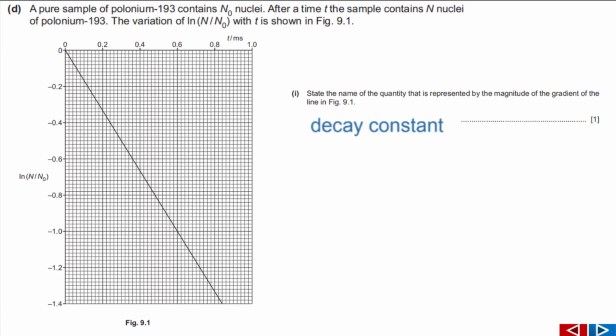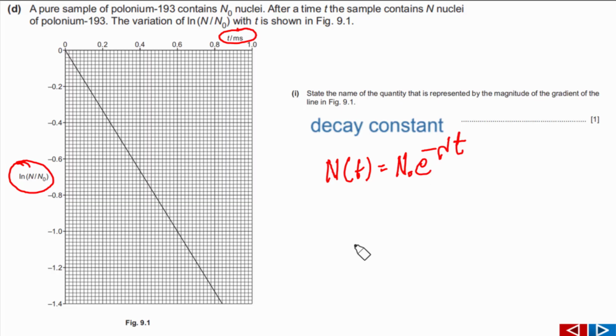Here you need to understand what is given on the y-axis. This is ln N divided by N naught, and on the x-axis we have the time. Simply start with N as a function of time, equal to N naught e to the power of minus lambda t.